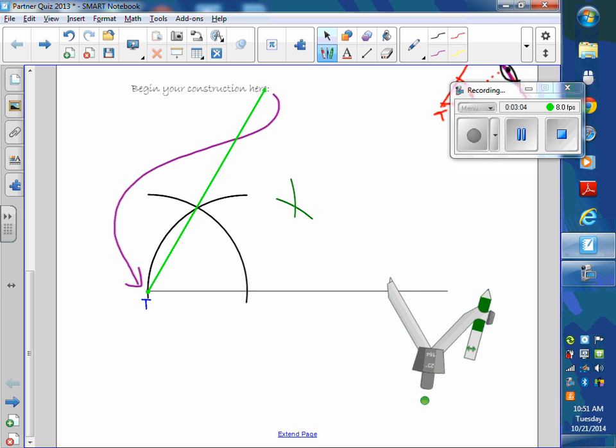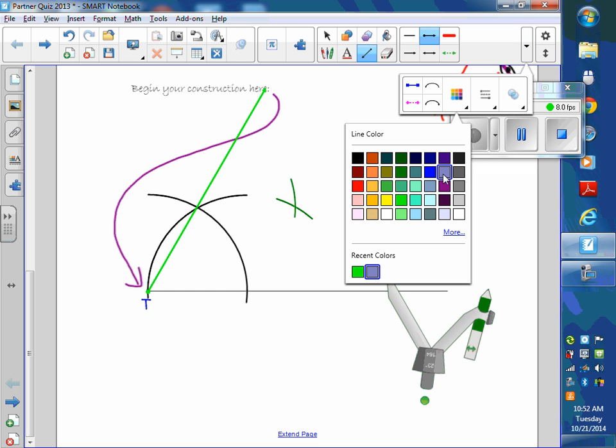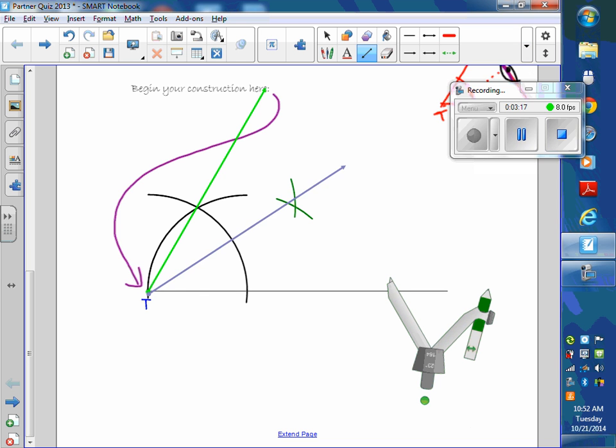So my second ray is going to be the path along which my altitude is drawn. Those should be starting in the same place. Okay. Does that make sense so far?